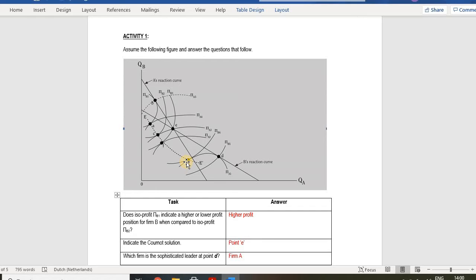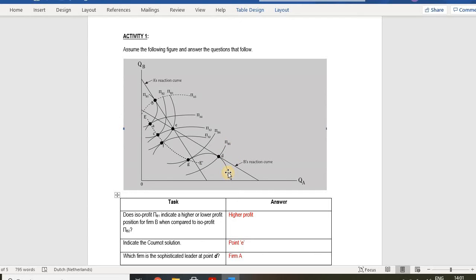The next question says, which firm is the sophisticated leader at point D? We go to point D. At point D, let's first compare the profits, and then we can determine which one is better than the other. Okay, at point D, we see that firm B realizes a profit of B5.